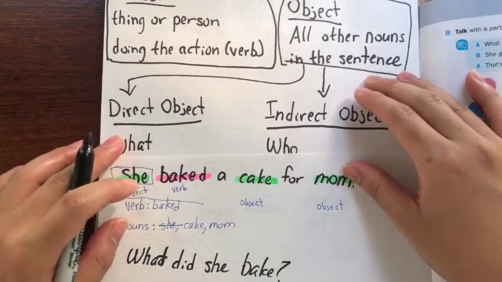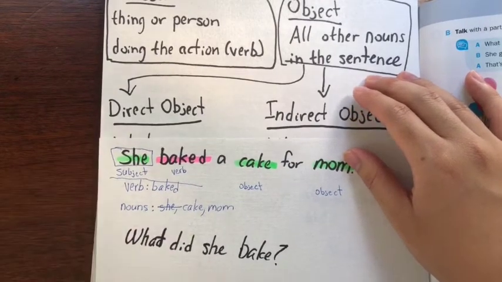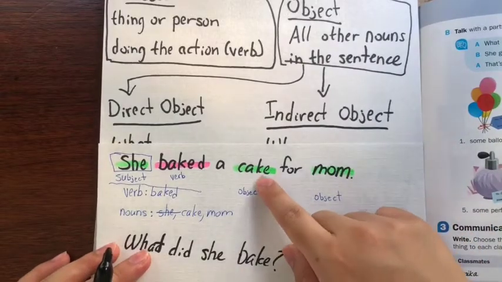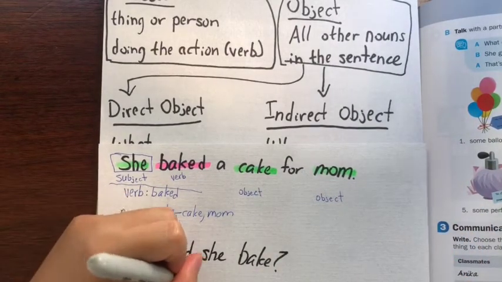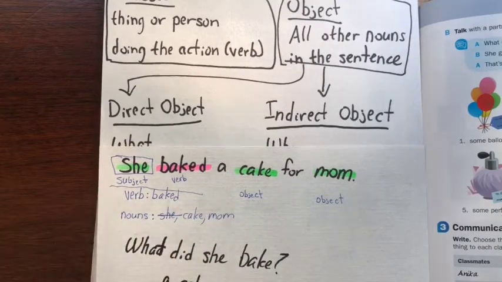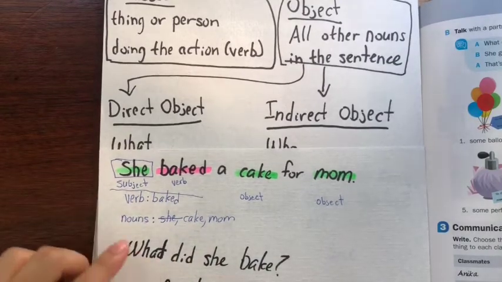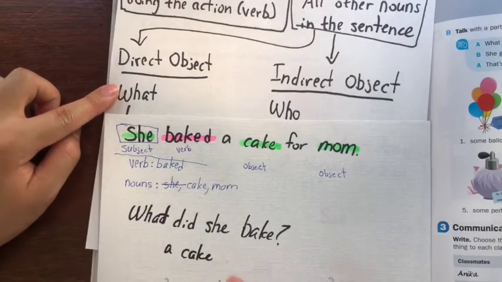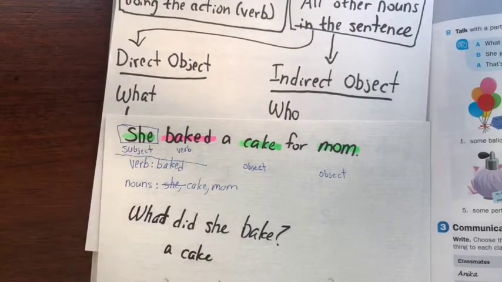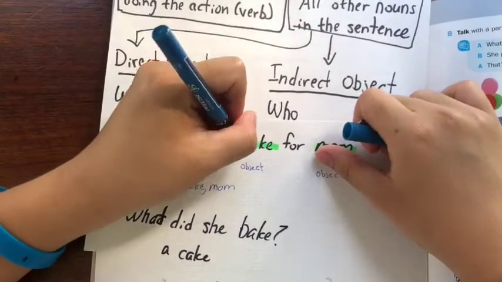She baked a cake. So, the cake is the direct object. It answers the what question.